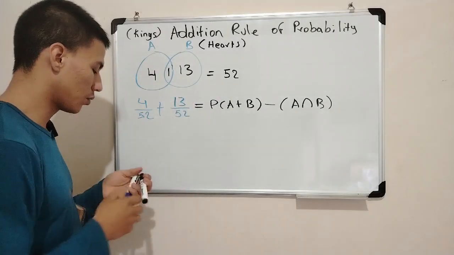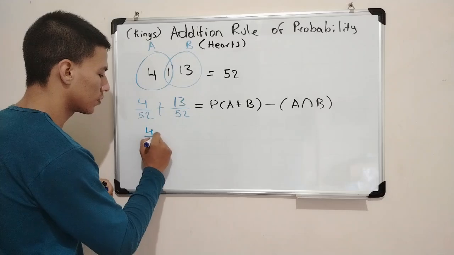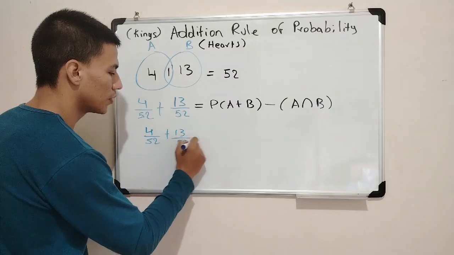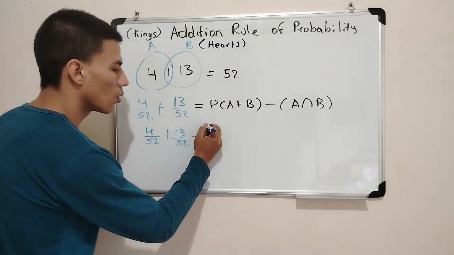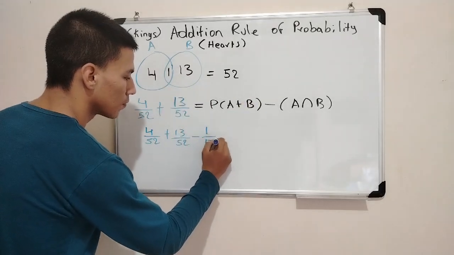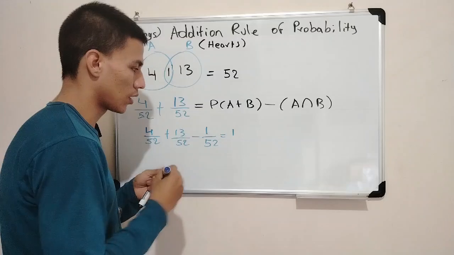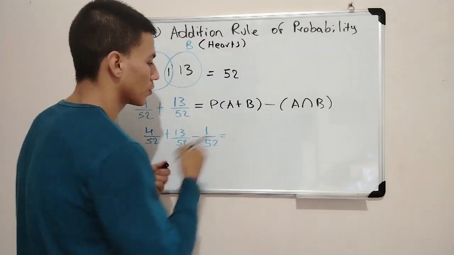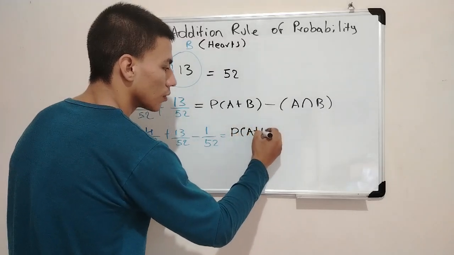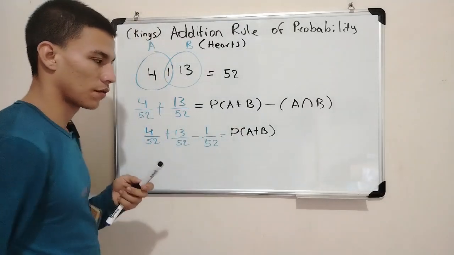In that case, we will have 4 out of 52 plus 13 over 52 minus 1 card over 52. Let's write this equation with another color: probability of A plus B, which are non-mutually exclusive.